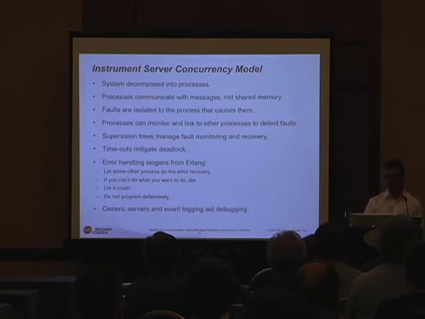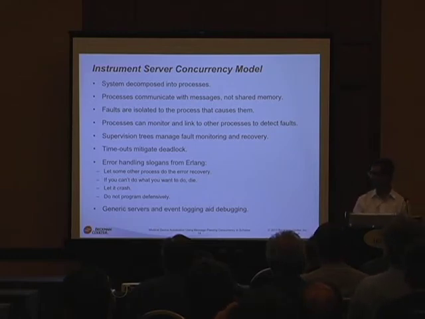So how do we actually use these models? Firstly, the system's decomposed into a lot of processes. Each process tries to do what it's supposed to do. There's no defensive programming, and then we let it crash. And this is all borrowed from the Erlang mantras of error handling. And processes can monitor other processes, and then the fault tolerance is gained from the supervision hierarchy.